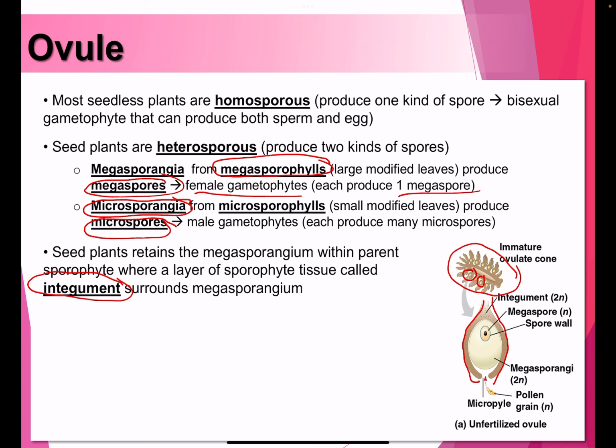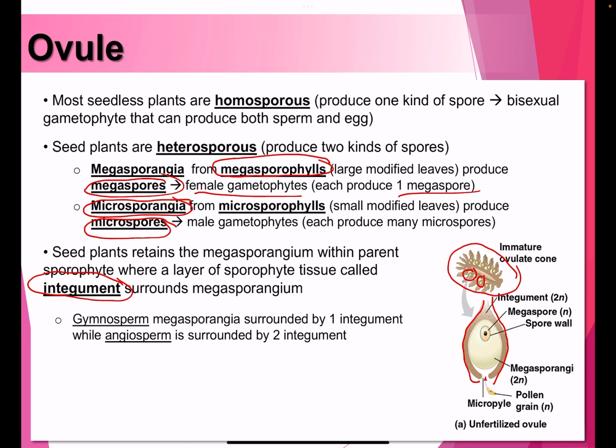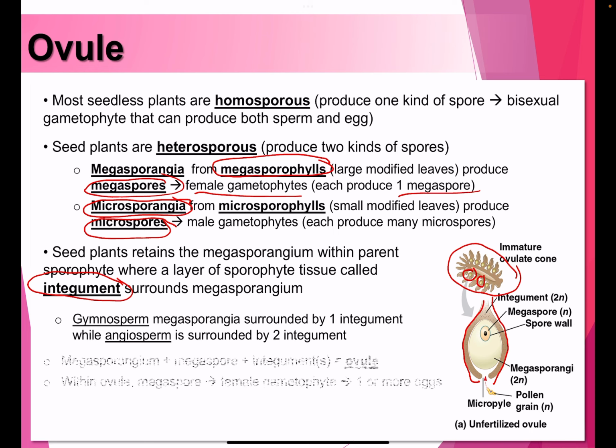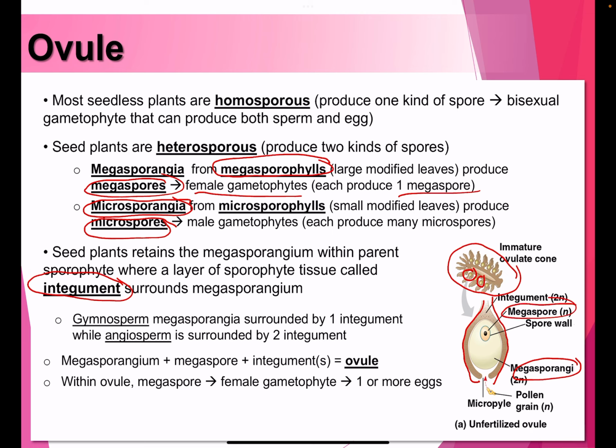So gymnosperms, which are those that have naked seeds, have megasporangia that are only surrounded by one layer of integument, while angiosperms are surrounded by two layers of integument. The megasporangium, which is right here, and the megaspore plus the integument is what adds up to a structure we call an ovule.